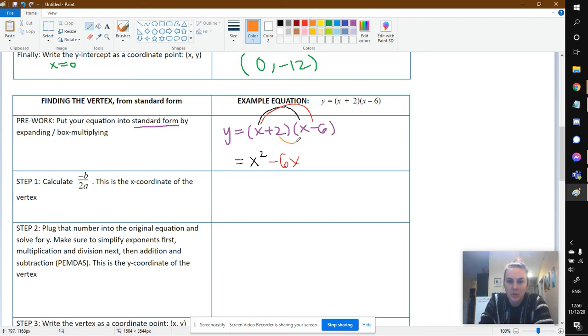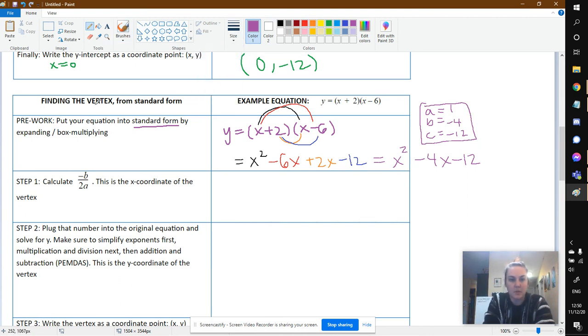You do 2 times x, and you do 2 times negative 6. And then you simplify all that together and get x squared minus 4x minus 12. Where, again, our a, b, and c are the same as when we found the y-intercept, which is 1, negative 4, and negative 12. Okay, that's our pre-work. We've got it in the right format.